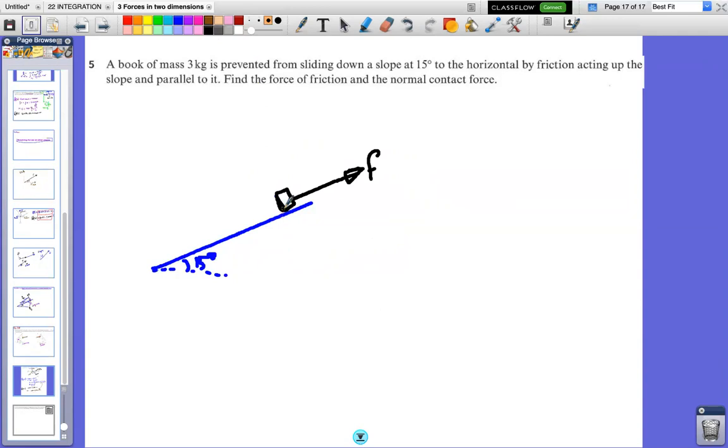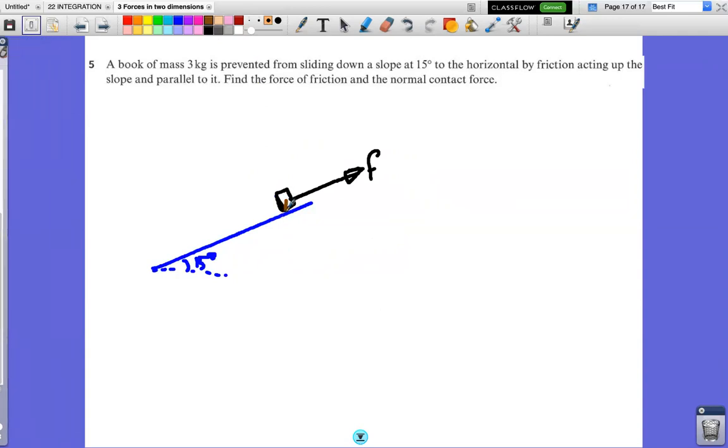So we have the friction. First, you think about your weight, always acting vertically down. You are told the mass of the book, so the weight will be 30 newtons. There is a normal contact force. You should know there is a normal contact force and it is always perpendicular to the slope.